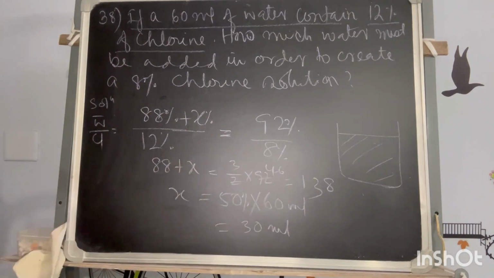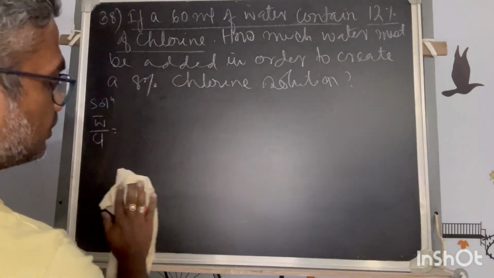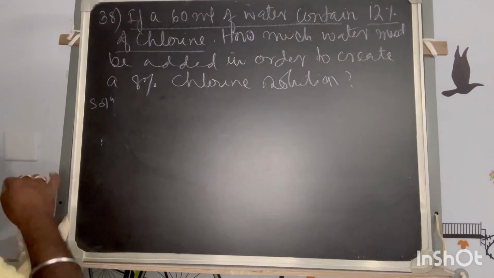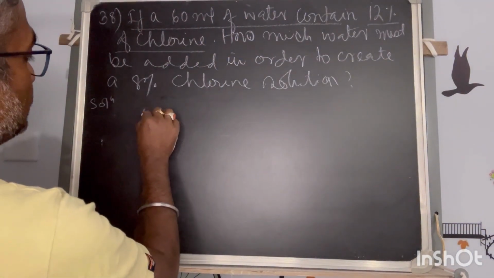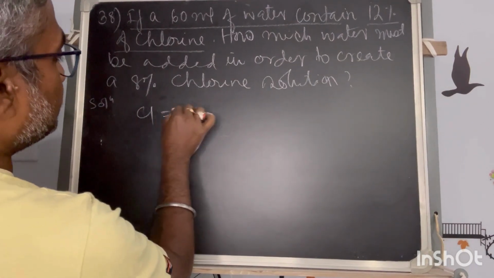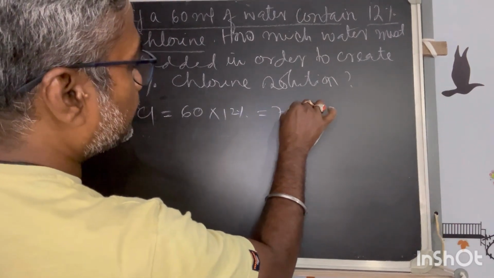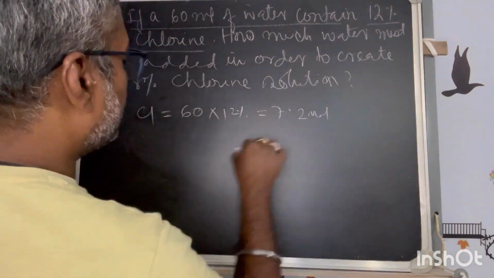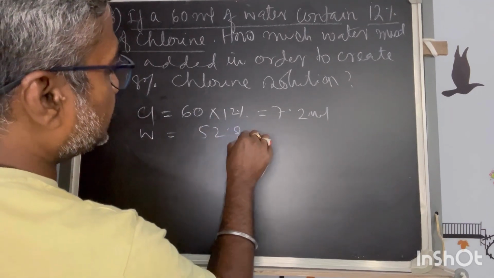Now this is one procedure. Another procedure, you can directly calculate the value. As I understand, 12% chlorine of 60, so let me calculate the chlorine: 60 ml, 12 percent, that is equal to 7.2 ml of chlorine. So water is 52.8 ml of water.